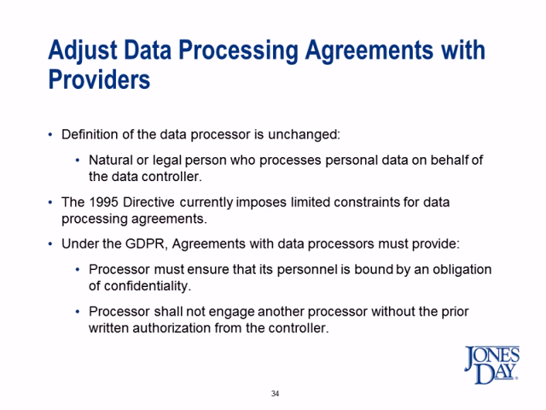For example, that would typically be the provider of hosting services for personal data, or the provider of payroll processing services in relation to employee data. So in this respect, for the role of the data processor, the 1995 directive currently imposes limited constraints for data processing agreements, and these constraints are as follows.